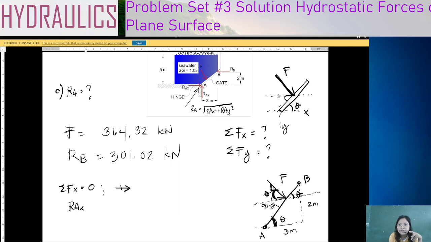Ibig sabihin, i-zoom in ko siya dito. Taking this as i-transfer ko yung kanyang plane X dito. So, theta to. Tapos, ito yung plane Y. So, X, theta, theta. Ayun.